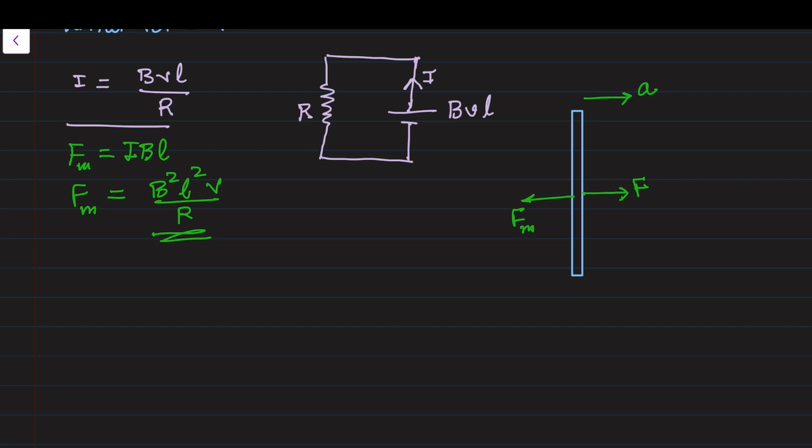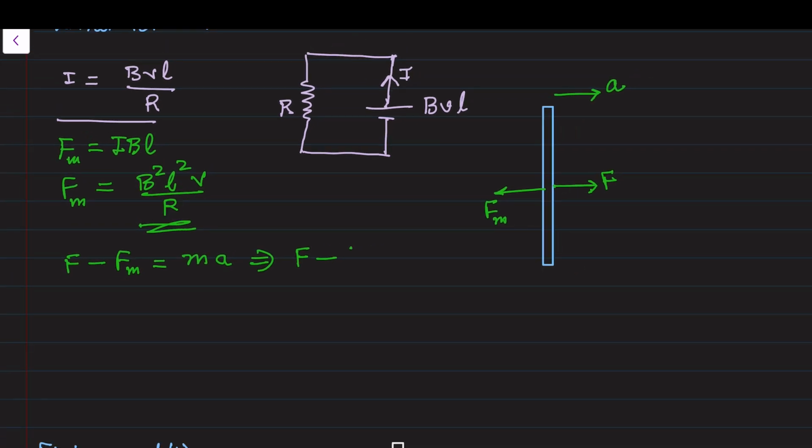Writing Newton's second law for this rod: F minus Fm is equal to m into acceleration, which is F minus B square L square V by R. I am writing B square L square upon R as alpha. So F minus alpha V is equal to m dV by dt, where alpha is equal to B square L square upon R.